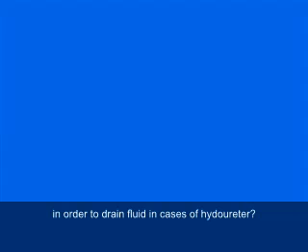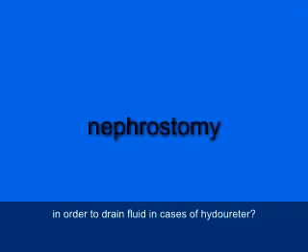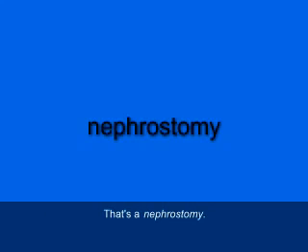What is the term for the procedure in which a surgical opening is made between the back and the renal pelvis in order to drain fluid in cases of hydroureter? That's a nephrostomy.